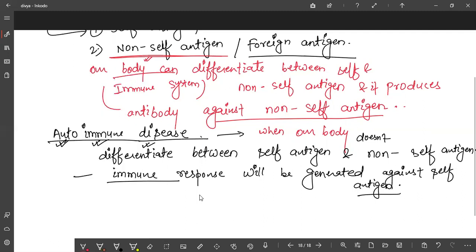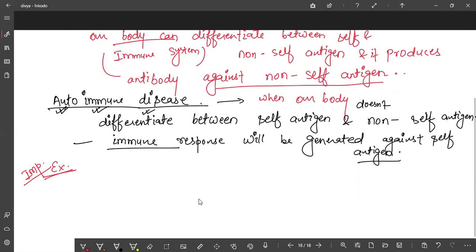And so many examples of autoimmune disease are there. Have you any idea? Name some autoimmune diseases. This is very important for NEET also. You have to learn or memorize the examples of autoimmune disease.